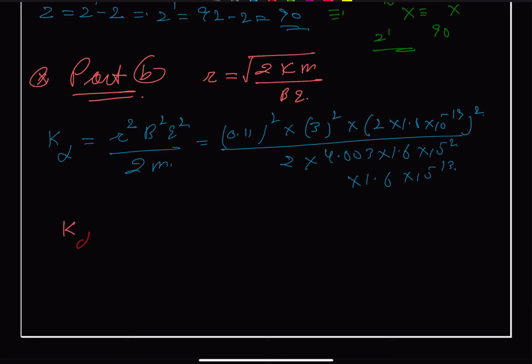So we get K alpha will be equal to 5.21 mega electron volt.